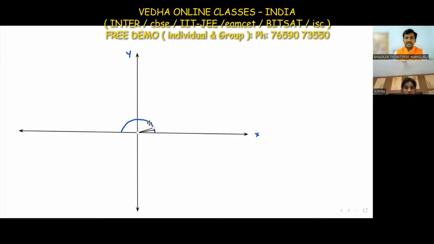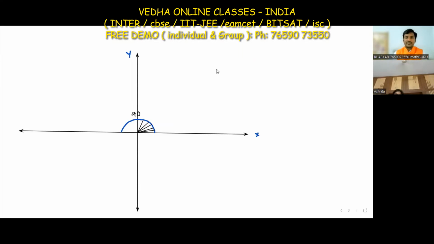So 20 and 30 and 40, like that. Like this we take the values 0, 10, 20, 30, 40, 50, and finally this is 90 degrees.